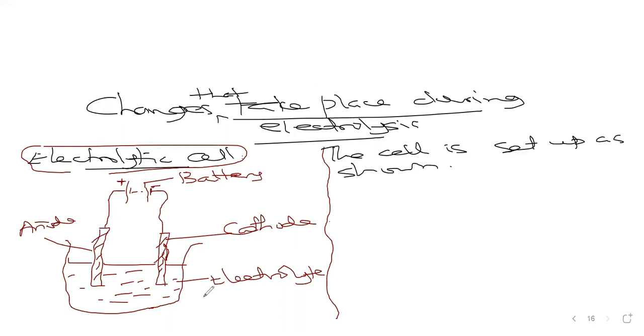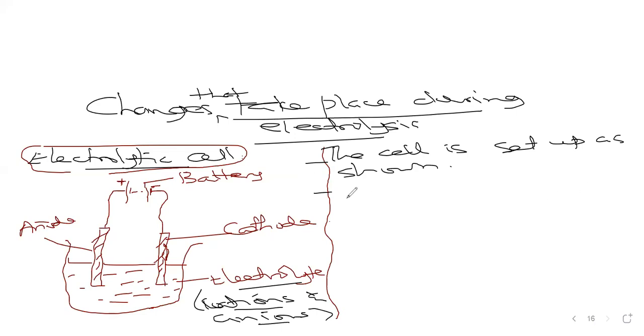Now, this electrolyte you see here usually consists of both cations and anions. It can be an ionic electrolyte or a covalent electrolyte. But whether ionic or covalent, ions must be there. And we said ionic electrolytes are formed by dissociation or ionization, and covalent electrolytes are formed by hydration or solvation with water.